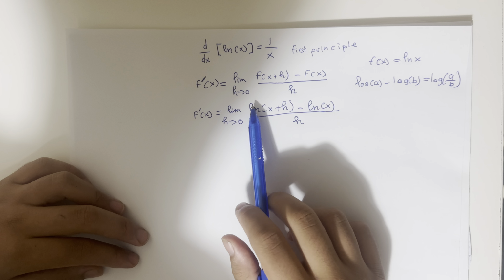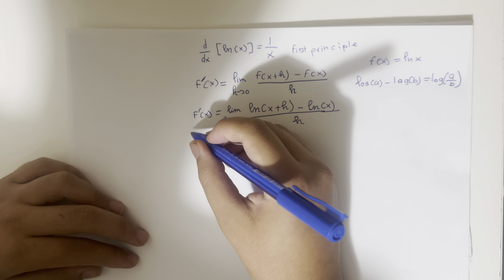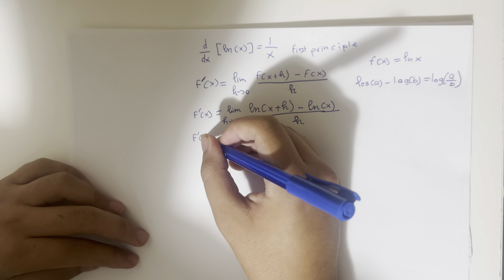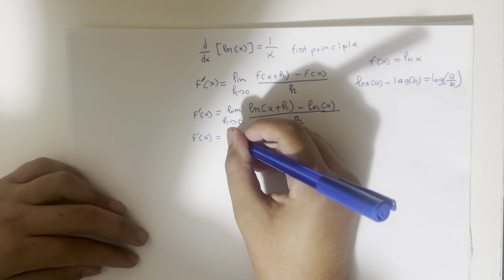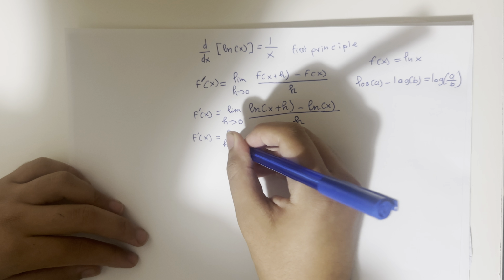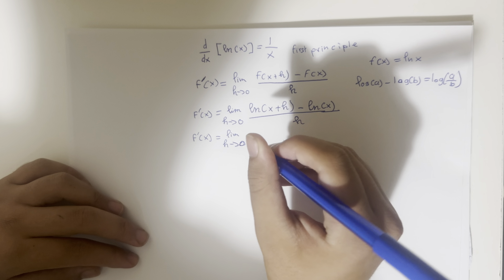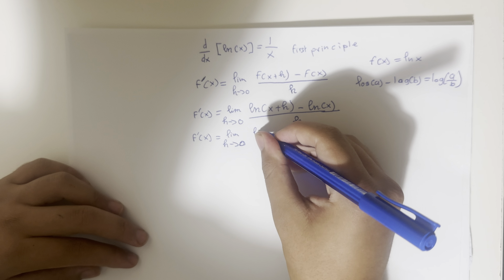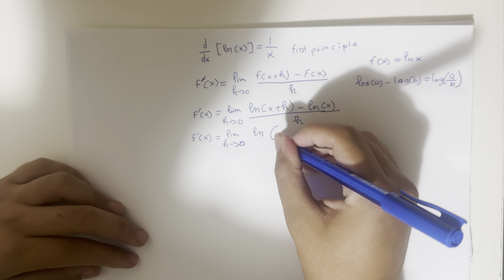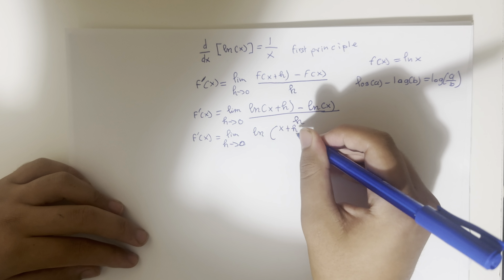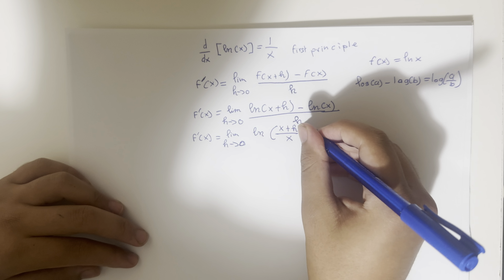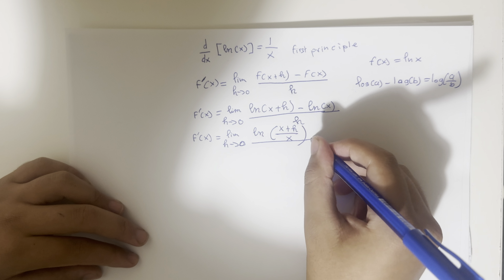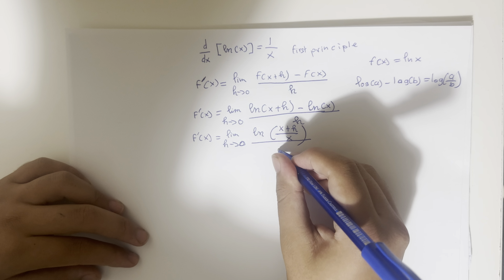So this is what we're going to use for the numerator. So we write this as f prime of x is equal to the limit as h goes to 0 of the natural log of x plus h divided by x, and we have all of that divided by h.